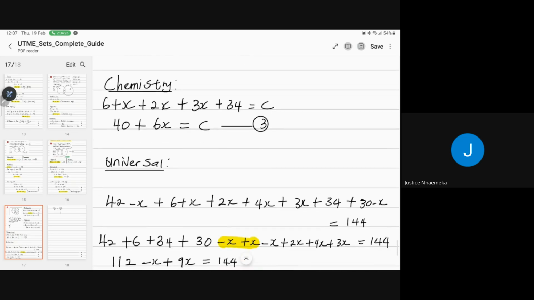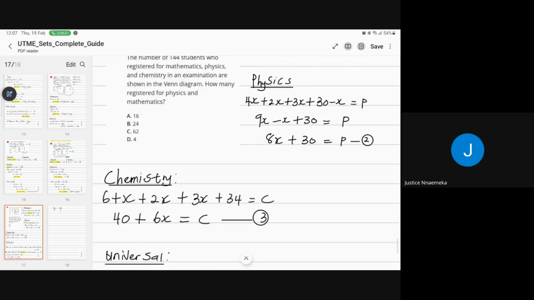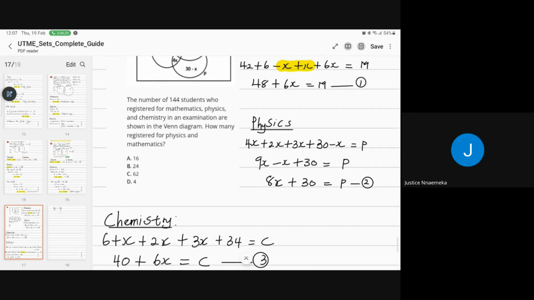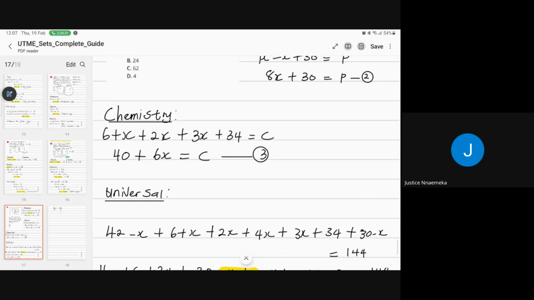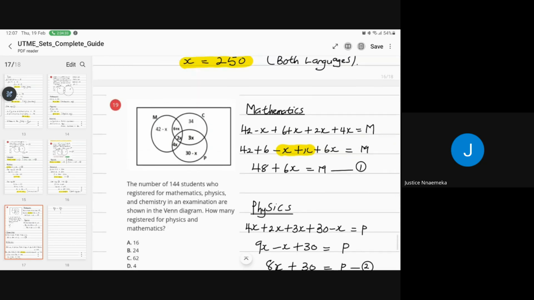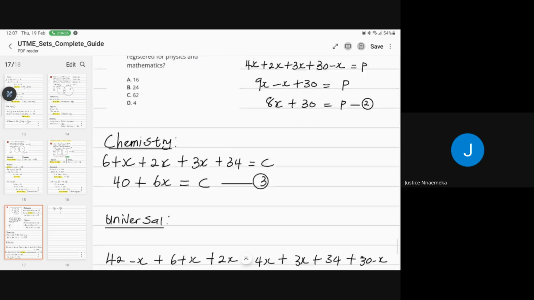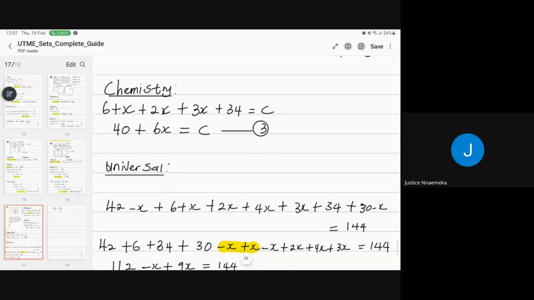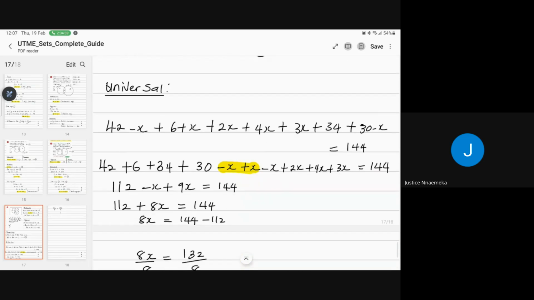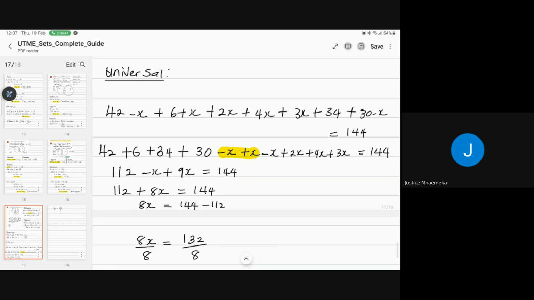42, then 6 plus x plus 2x plus 4x plus 3x plus 34 plus 30 minus x equal to 144. So 42 plus 6 plus 30 plus 34, good.